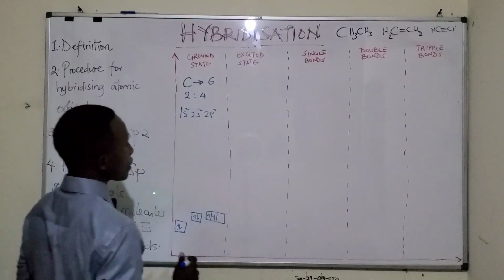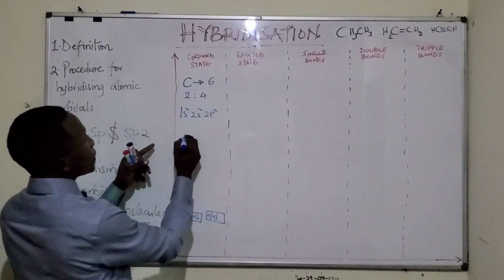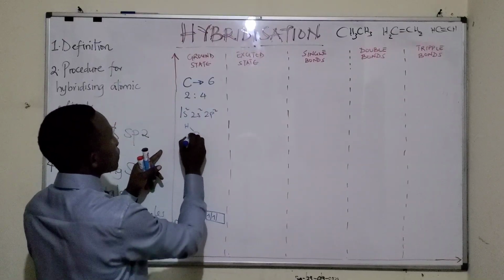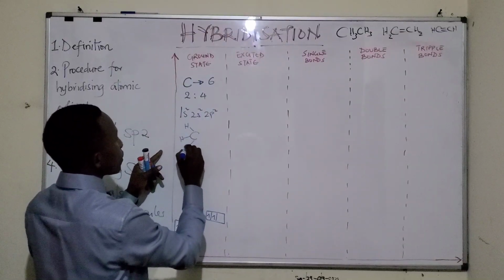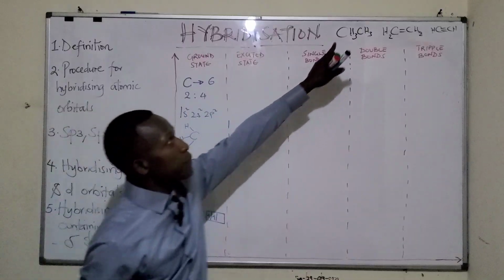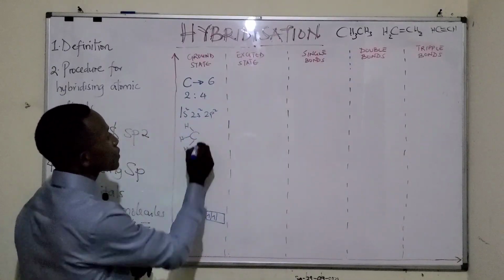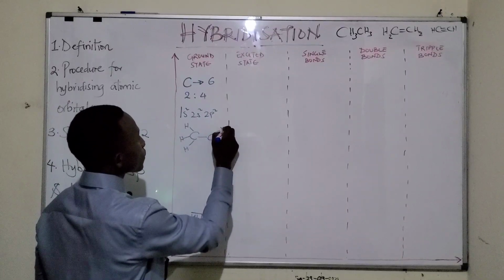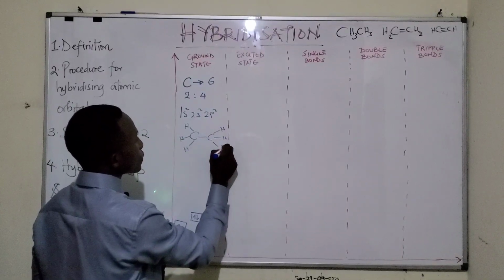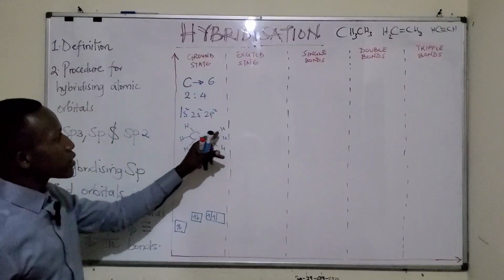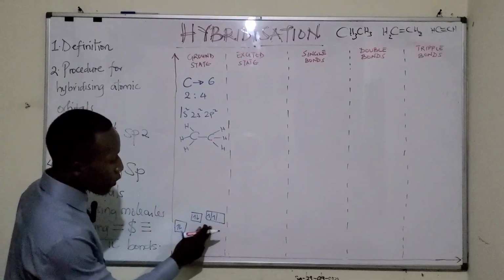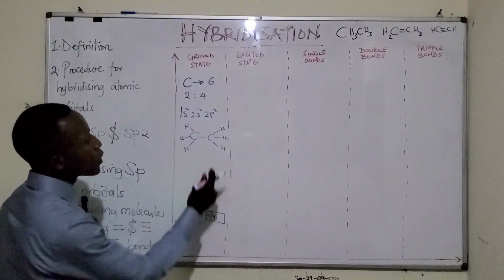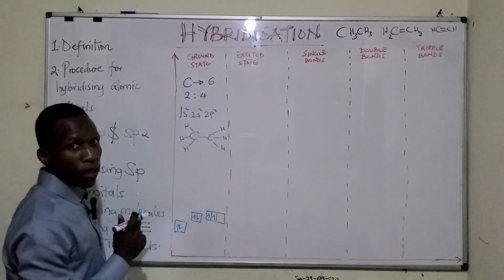So at excited state, remember, in the case of ethane, we have 3 hydrogen atoms bonded to carbon. Then this carbon is bonded to another carbon with 3 hydrogen atoms. Meaning that each carbon needs 4 unpaired electrons, such that it can form bonds with 3 hydrogen and another carbon.